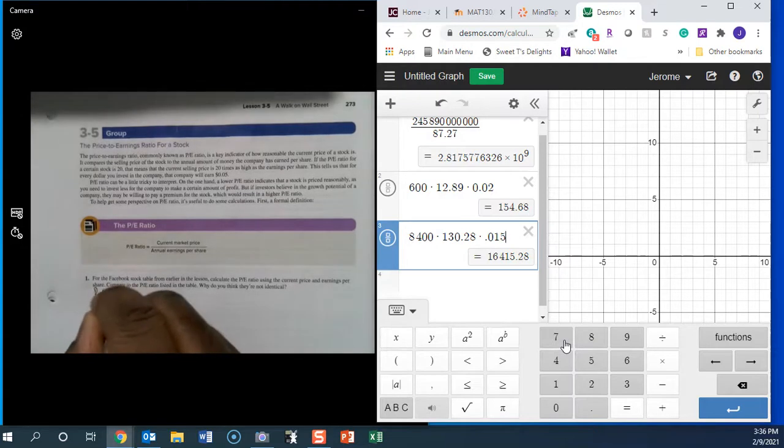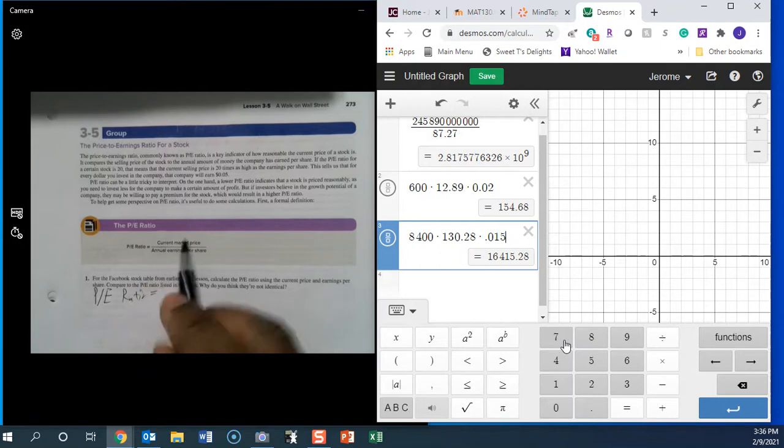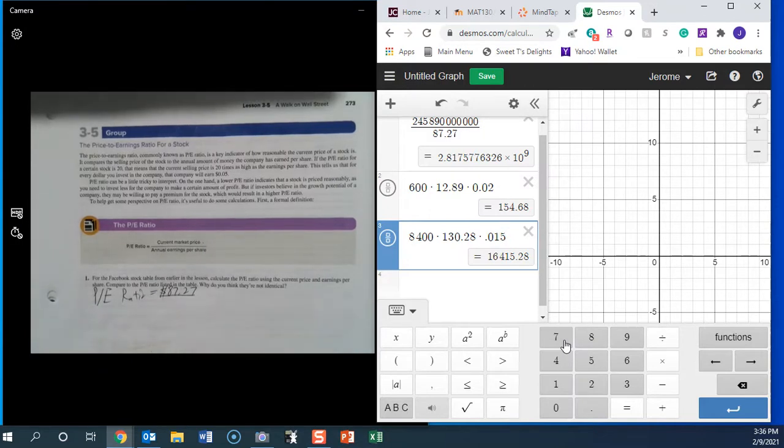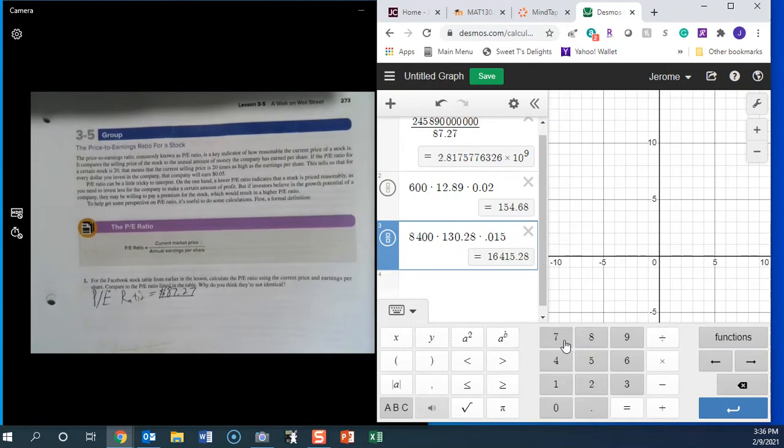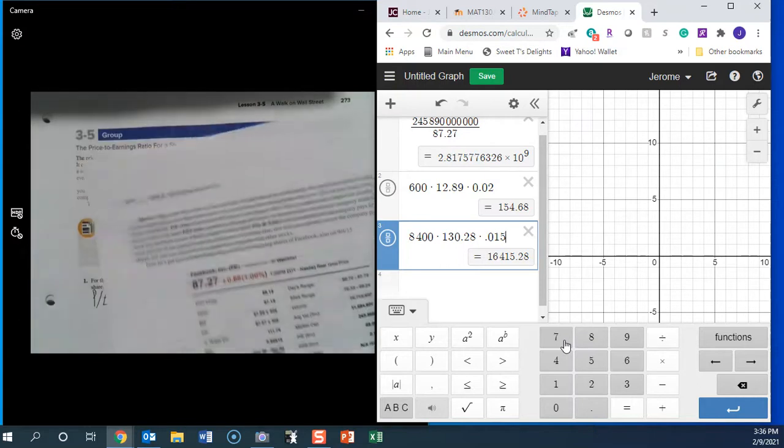Price over earnings ratio is equal to the current market price. We're going to use Facebook. Is $87.27 divided by the annual earnings per share. Now with that Facebook example, see if I can find it. Oh, here we go.